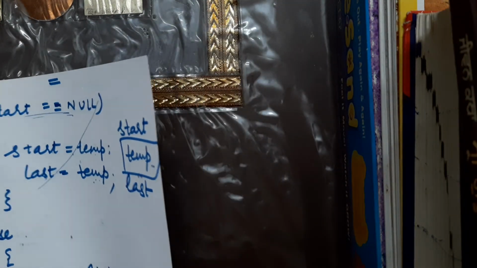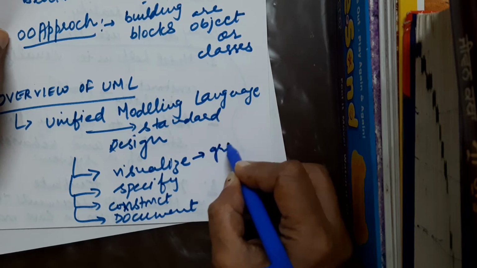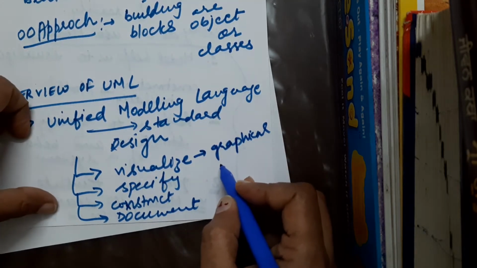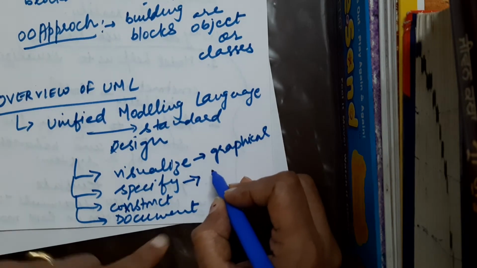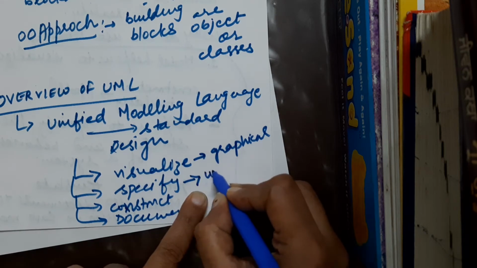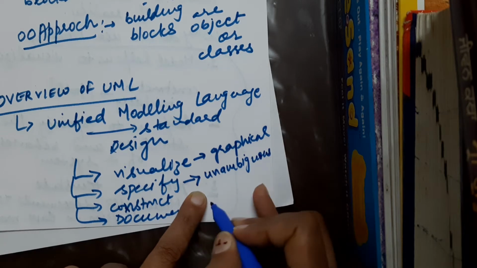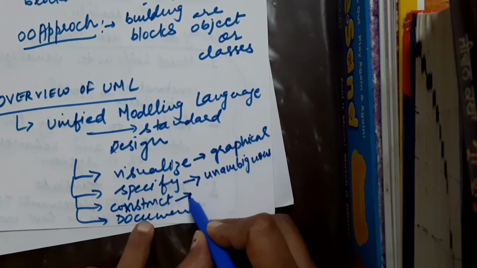So how does it help in visualizing? Using graphical concepts. And how does it help to specify? Because it specifies the requirements in an unambiguous way. And how does it help in construction?